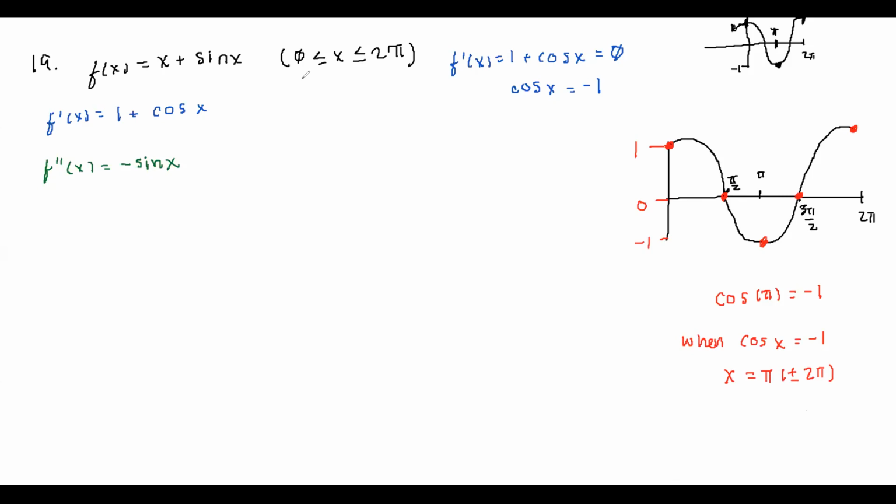But we're looking at our range, and the only time in this range where cosine of x is equal to -1, this is the graph essentially of cos x at this time, the only time in this graph where cos x is equal to -1 is here at pi. So x is equal to pi.